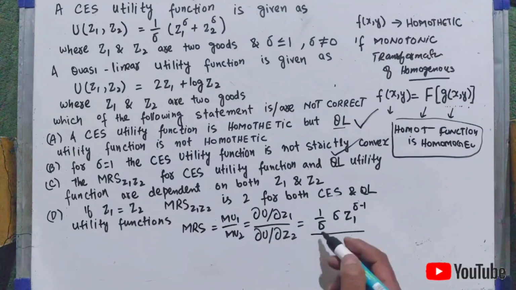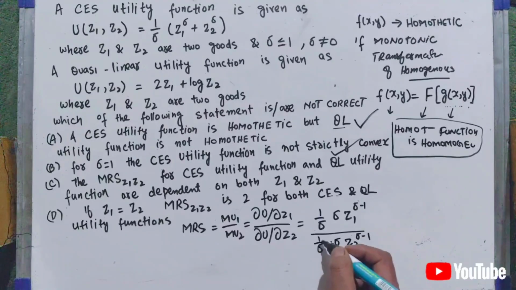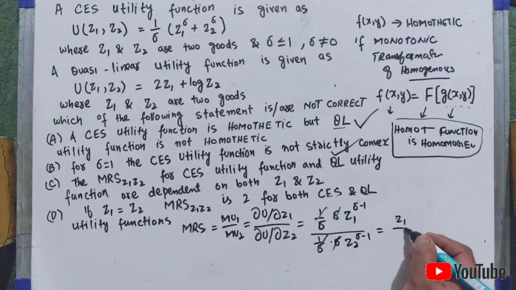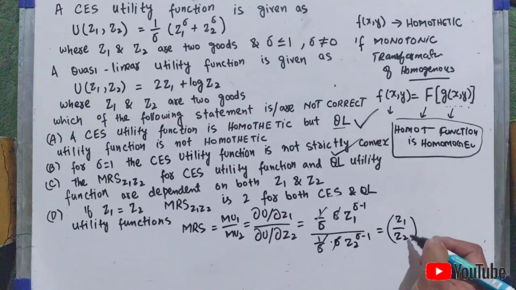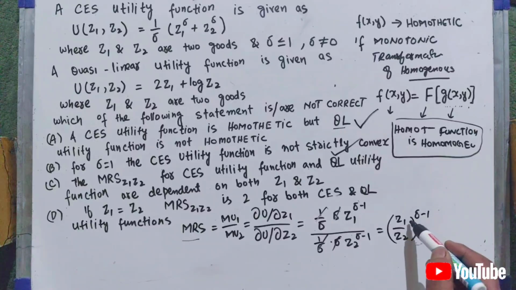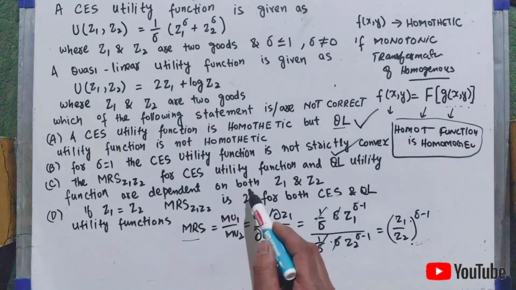Symmetrically, du upon dz2 will be 1 upon delta times delta z2 raised to the power delta minus 1. This gets cancelled, so we get (z1 upon z2) whole raised to the power delta minus 1. So the MRS is dependent on z1 and z2 for the CES utility function.